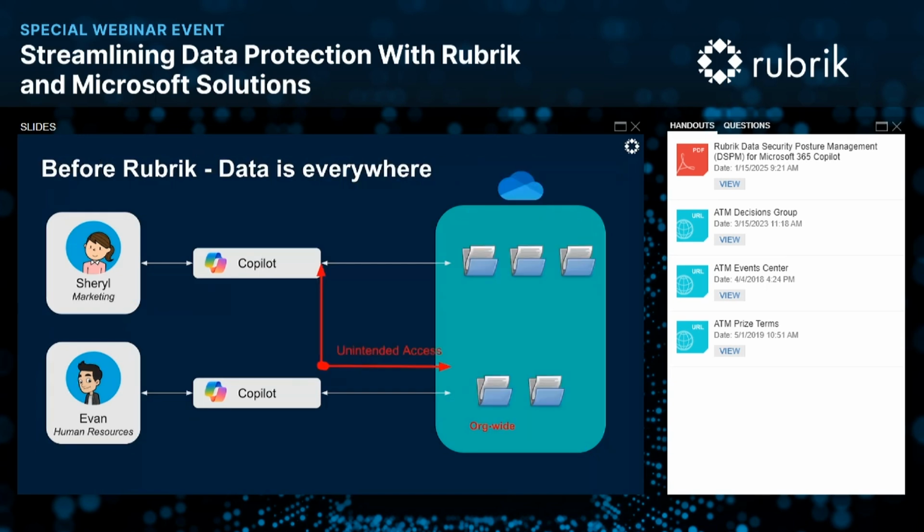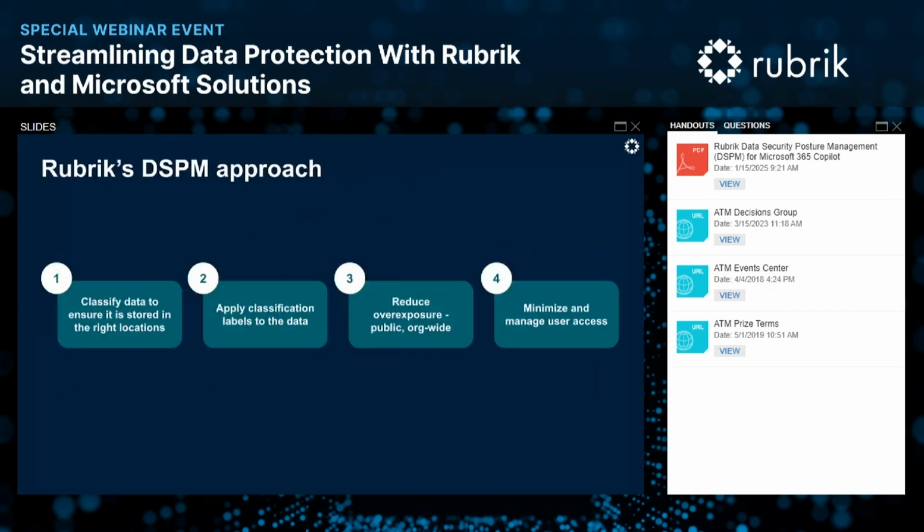So how does it all come together? If we think of Rubrik's approach, one, it's actually classifying your data automatically. You don't need to do anything. Once you have Rubrik deployed, we automatically classify the data. We have our built-in classifiers, and you can add your own as well.